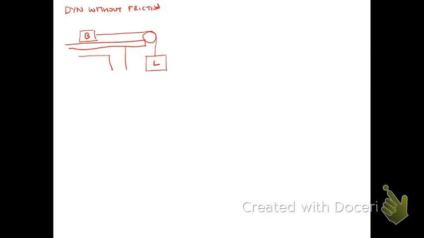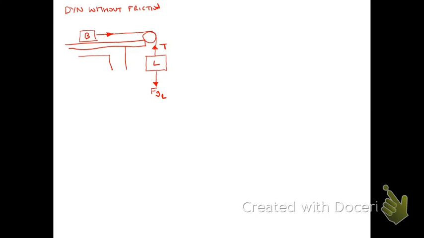There's going to be a force pulling back on that load. Let's call it tension. There's also, of course, the weight. Let's call it Fg of the load. There's going to be a force pulling forwards on the block.